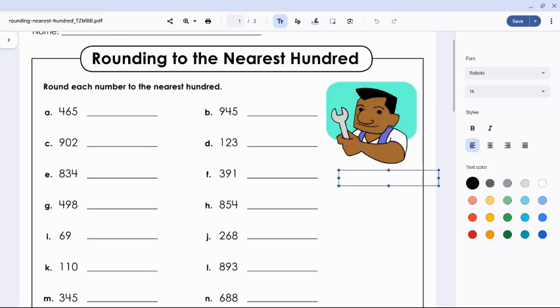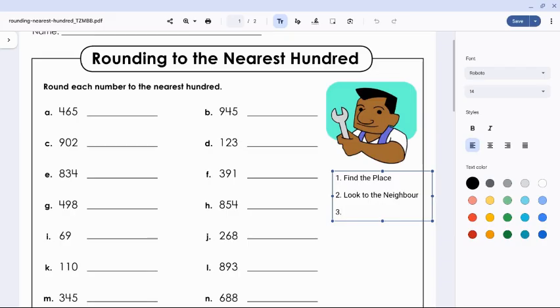So if we're thinking about the process we went through in the rhyme, number one, we want to find the place. We want to look to the neighbor, which would be one place value column to the right.